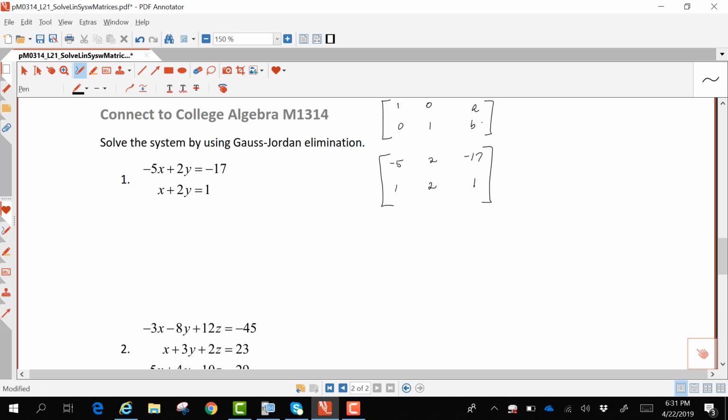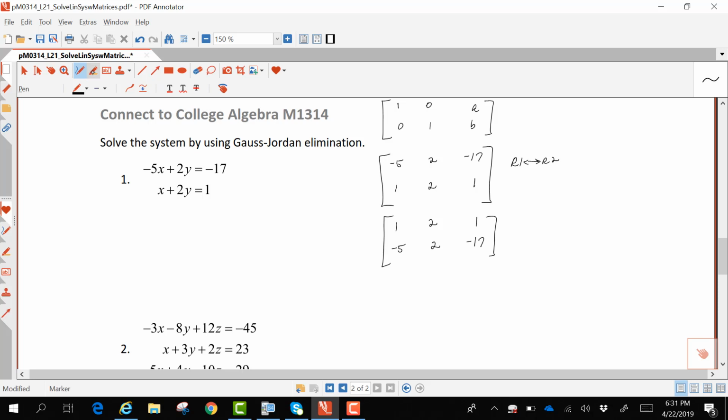To get a 1 in the top left corner, it would be a good idea to interchange rows. Row 1 interchanged with row 2 results in 1, 2, 1, and then -5, 2, -17. So I have the 1 in the top left corner.